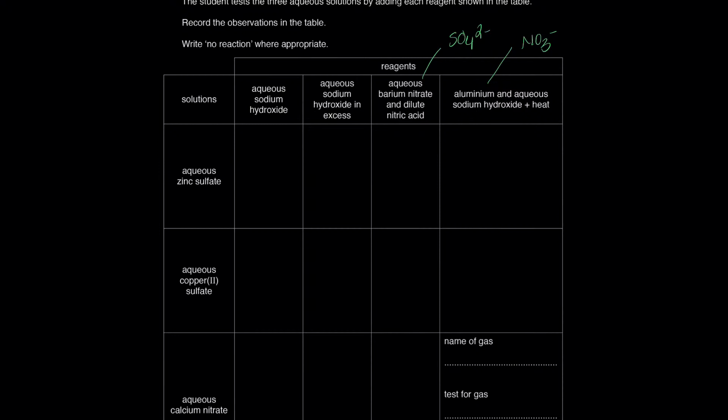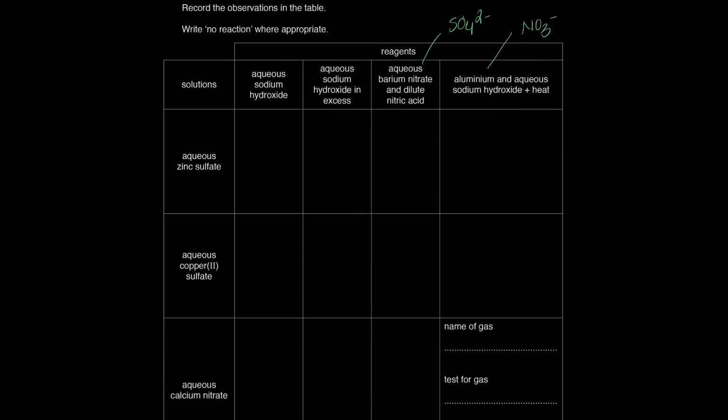Okay, let's see. Okay, so I'm just going to quickly say sulfates are present in these two. So what's a positive test for barium nitrate with dilute nitric acid? Normally we use barium chloride, don't we?